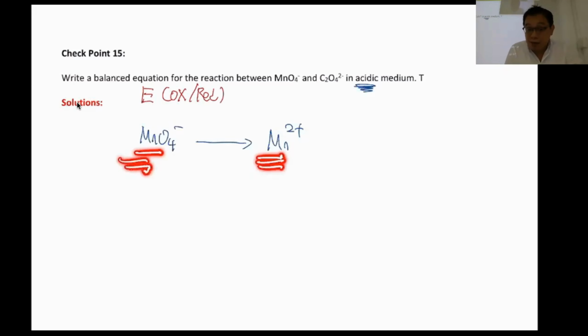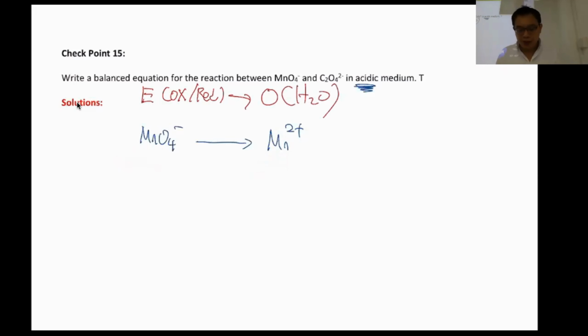In this case, they are the same amount. Next, you will balance the oxygen with water. After that, you will balance the hydrogen with hydrogen ion. After that, you balance the charge with electron.